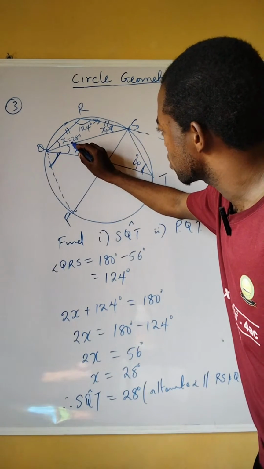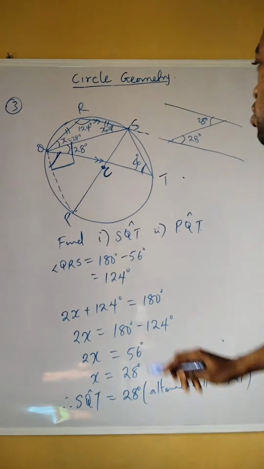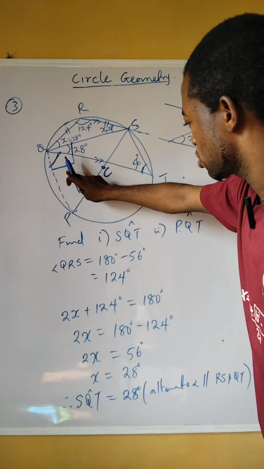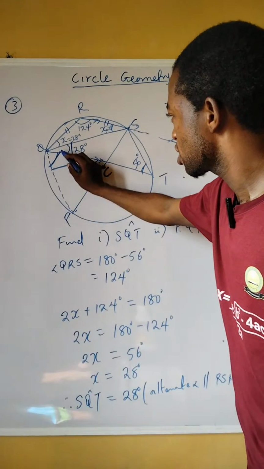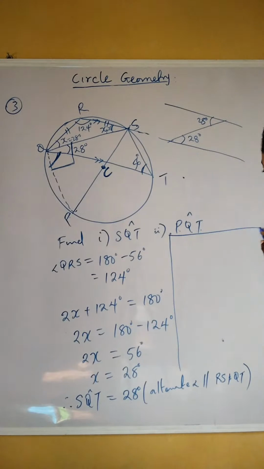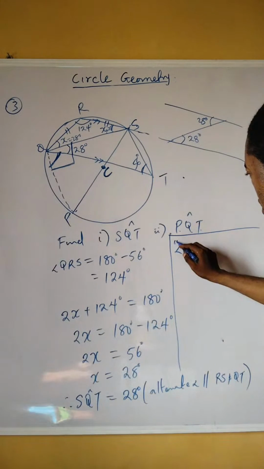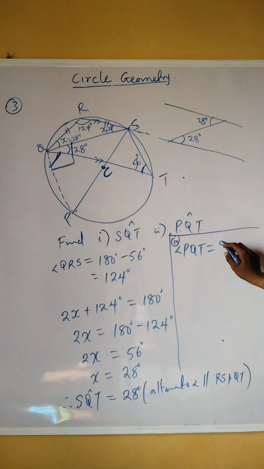So this angle should be 90 degrees. That means 28 plus PQT should be 90 degrees. So our angle, that's question 2, angle PQT, will be equal to 90 degrees minus 28 degrees. Just subtract, and this gives us 62 degrees, right?